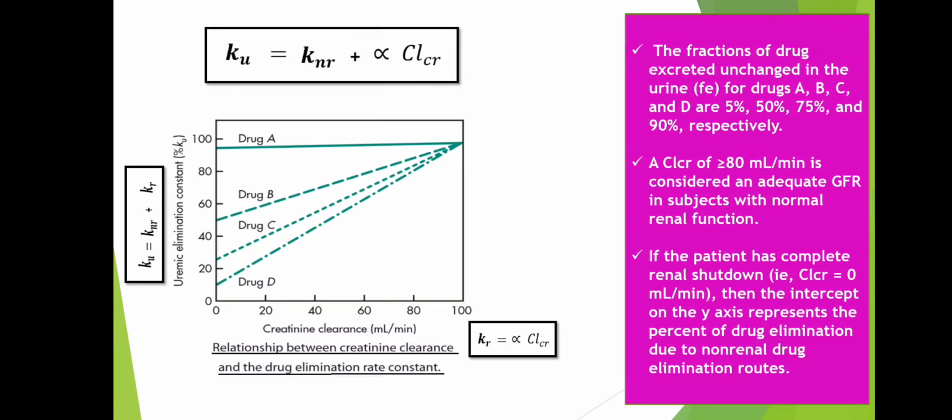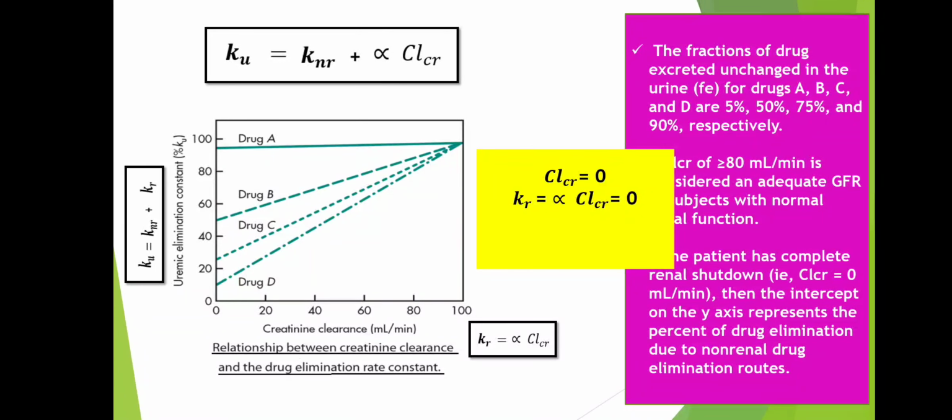Next, if the patient has a complete renal shutdown, that is when the creatinine clearance is equal to 0 ml per minute, then the intercept on the y-axis represents the percent of drug eliminated via the non-renal route. Obviously, when creatinine clearance equals 0, the renal elimination rate constant, a constant multiplied by creatinine clearance, is completely 0.